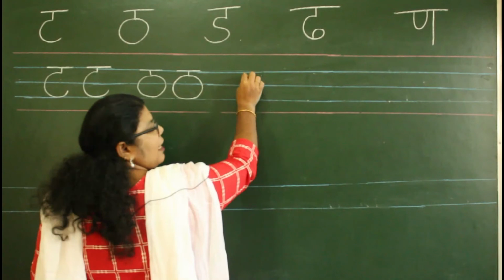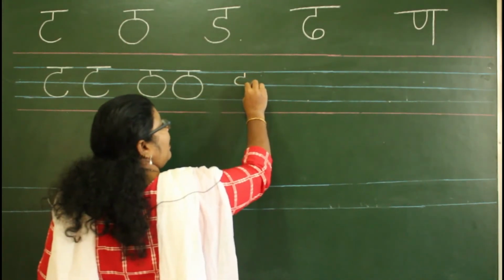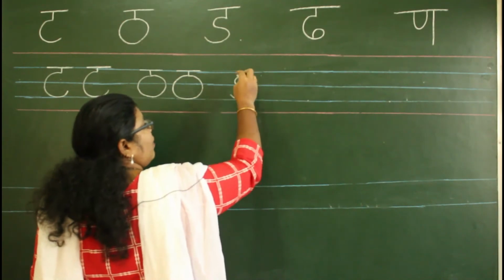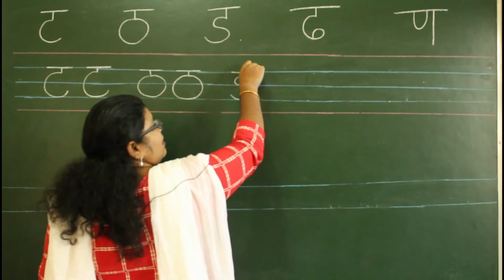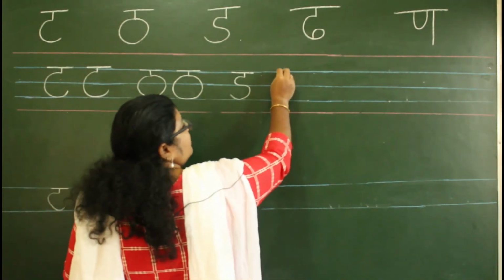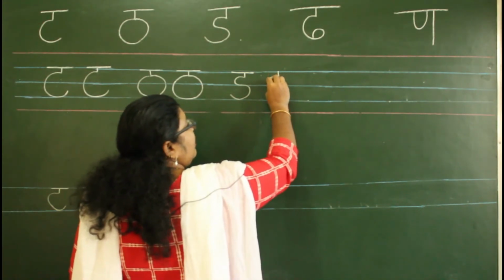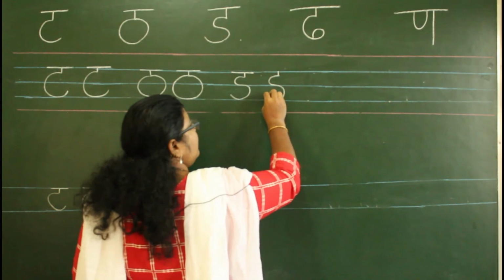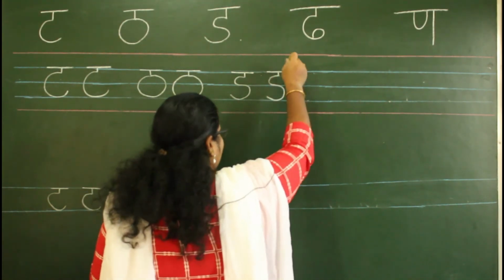Small standing line from the second blue line, and then write alphabet S. Okay, then on the top sleeping line. Once more children, a small standing line from the second blue line, write alphabet S, and then on the top sleeping line.